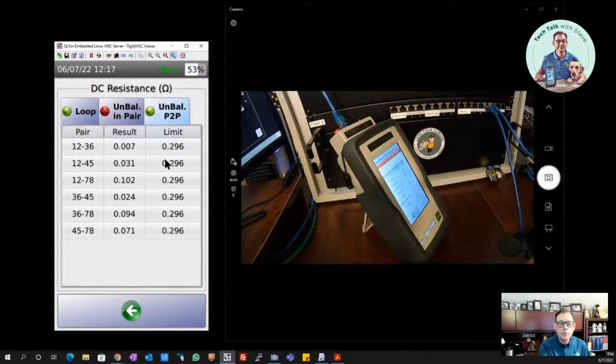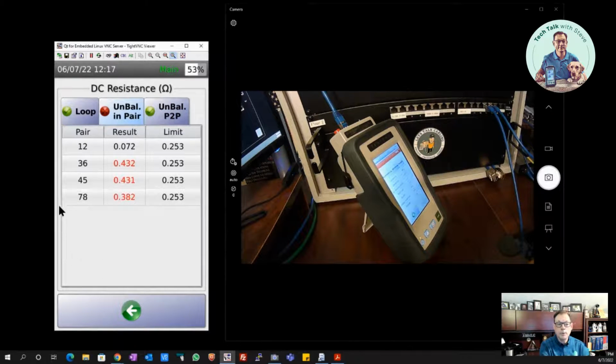We see our pair to pair looks okay. Everything's below the limit there. But if I go to my in pair, I see I've got an issue with 3, 6, 4, 5, and 7 and 8. So 3 of my 4 pairs have a resistance unbalance issue in this case. And this is the same cable that passed the Cat 6A test. But now because I added the DC resistance unbalance to my pass fail criteria, it is failing.